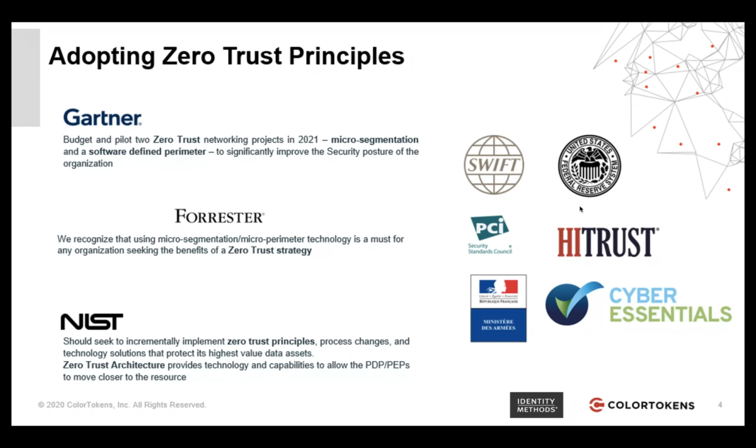So today's focus really is on NIST, which is the National Institute of Standards and Technology. But we also have other analysts supporting this message. Most organizations we talk to are having some plan or some idea about how they're going to look at implementing Zero Trust over the next 12 months.